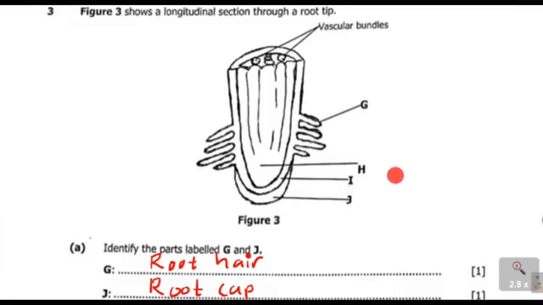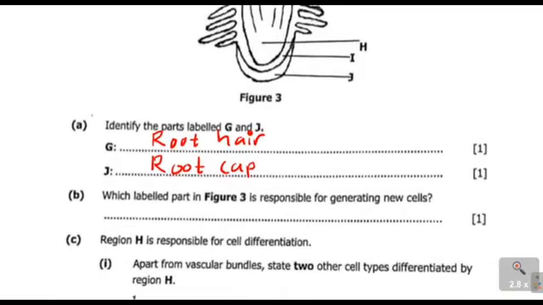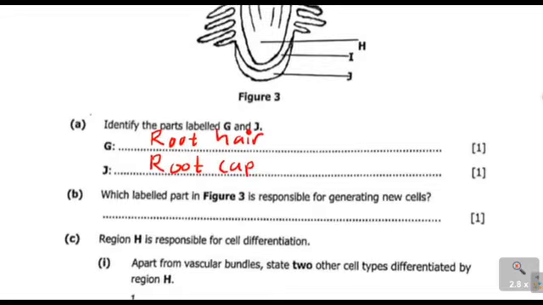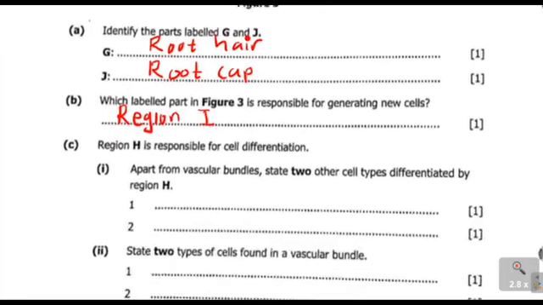The part that is responsible for generating new cells is the part labeled I. This is the region that is responsible for generating new cells through the stage of growth called cell division. So here we just say region I. That is our answer.